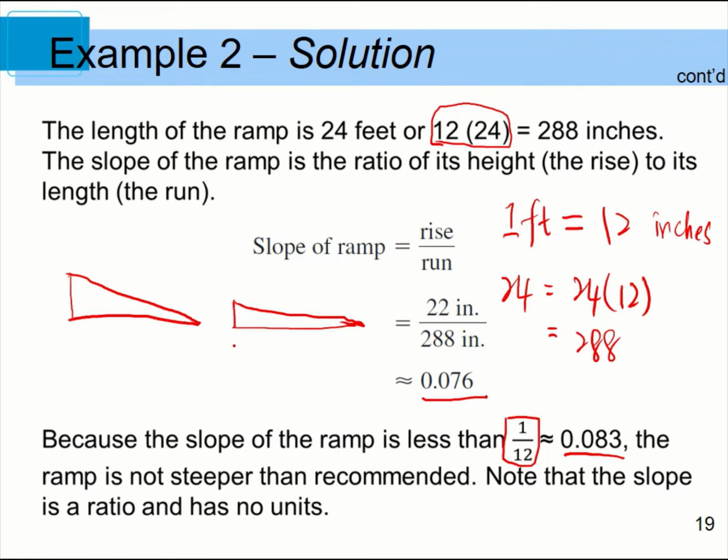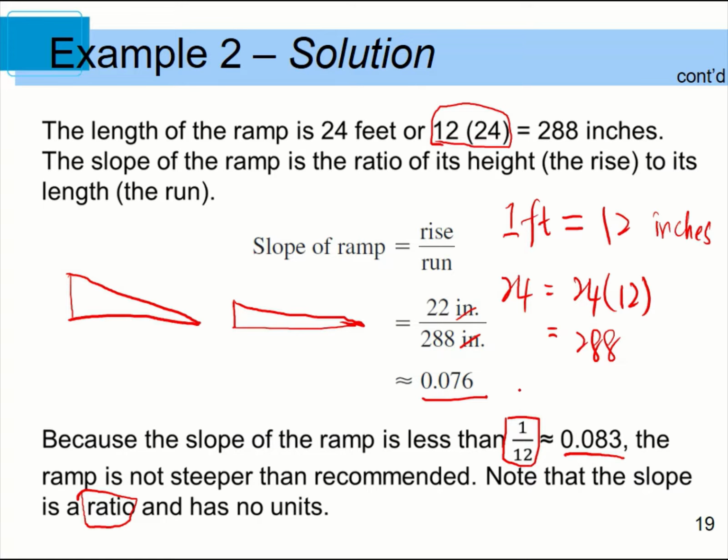This example just wants to show us that the slope is a ratio. The slope has no unit because in this question both are inches, and when we divide, the unit is eliminated. So it's a ratio.